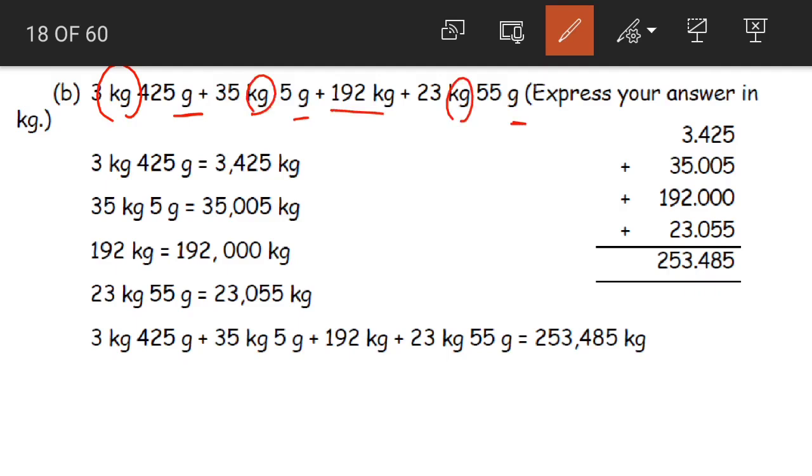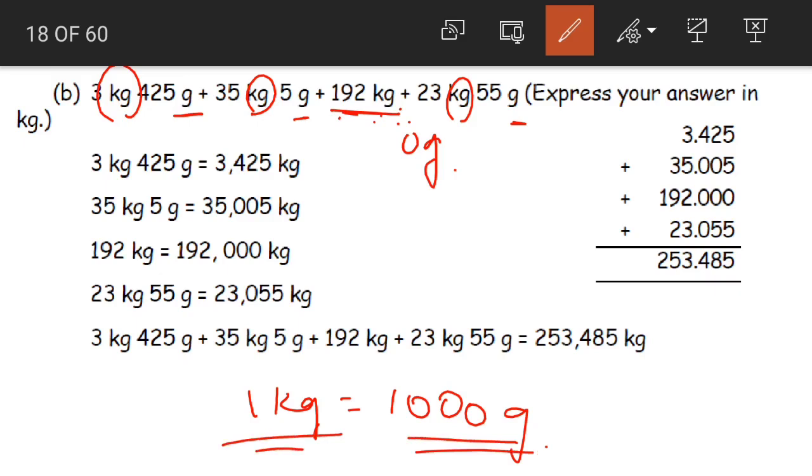But for the third addend, we have only kilograms. We have only 192 kilograms. There are no grams. So what will we do for the grams children? We'll write 0. And if you remember, 1 kilogram is equal to 1000 grams.